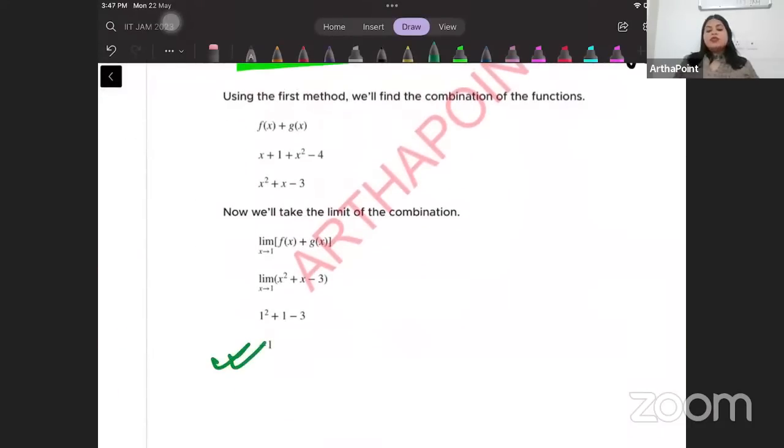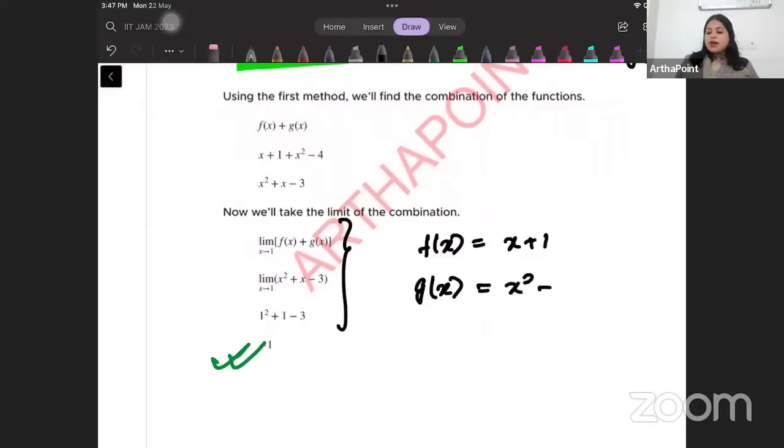Now suppose I would have done it together. Then just go ahead and do it together. For example, if we first make f(x) plus g(x) into one function, just try that beta. Suppose f(x) would have been x plus 1, g(x) is given as x square minus 4.